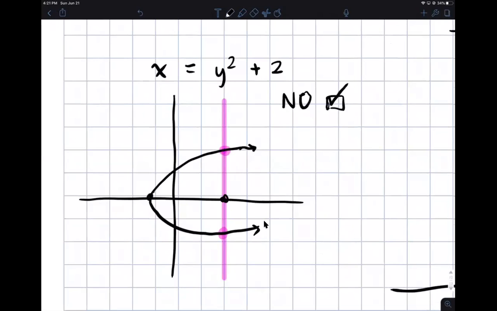Okay. So would the domain be, wait, would it be 2 and infinite? So yeah, I think it would be 2 to infinity.